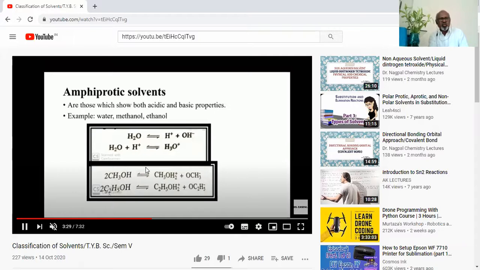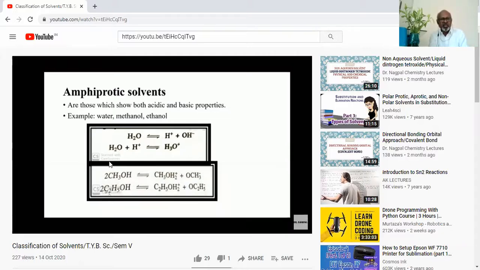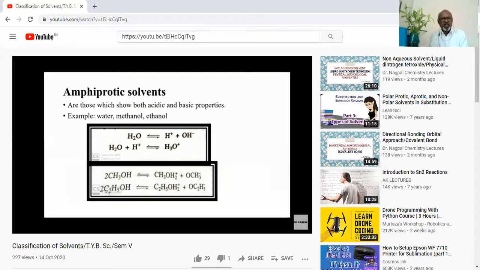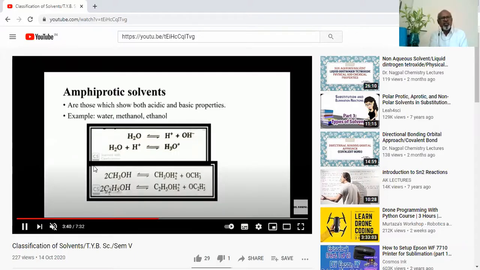So those solvents which show both acidic and basic properties are known as amphiprotic solvents. That means sometimes they behave as an acid and sometimes as a base, by giving and by accepting protons. So they show both types of behavior during the course of a reaction.